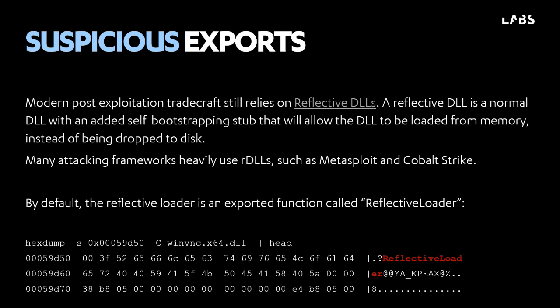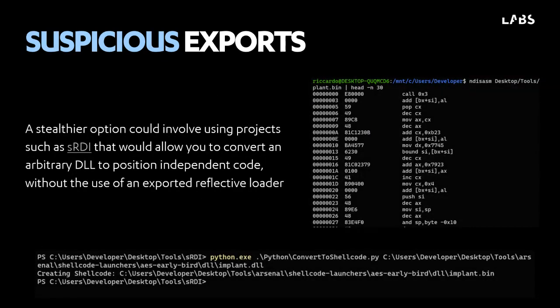Another, more advanced way of doing that is to use the shellcode reflective DLL injection project from Silent Break Security. What it allows you to do is basically, instead of exporting a function like the ReflectiveLoader, it just appends the reflective loader stub in front of the DLL code.